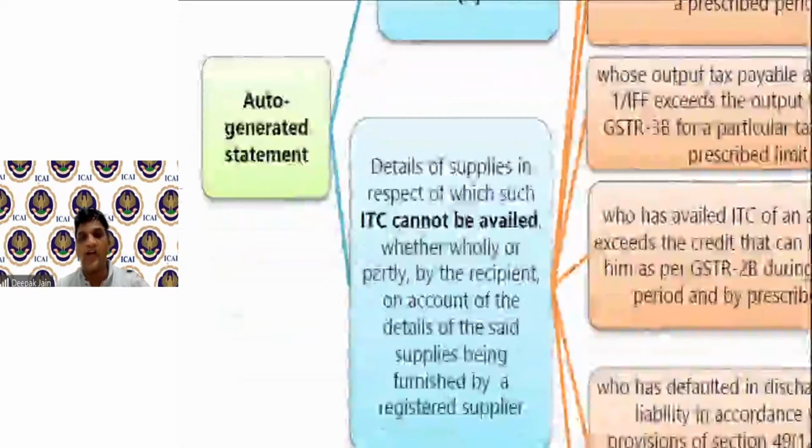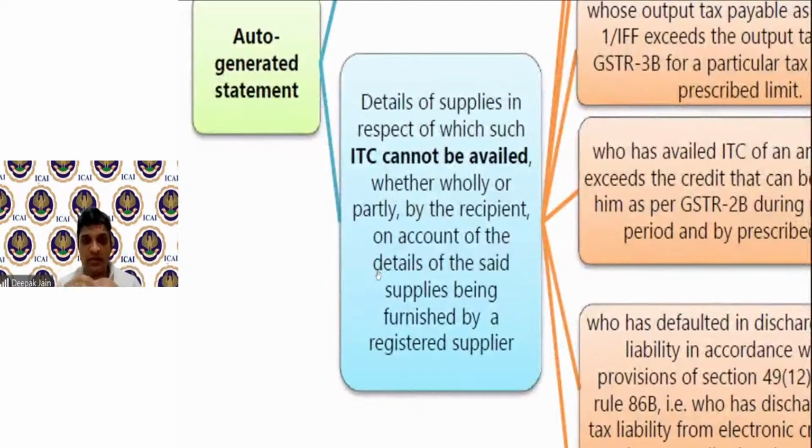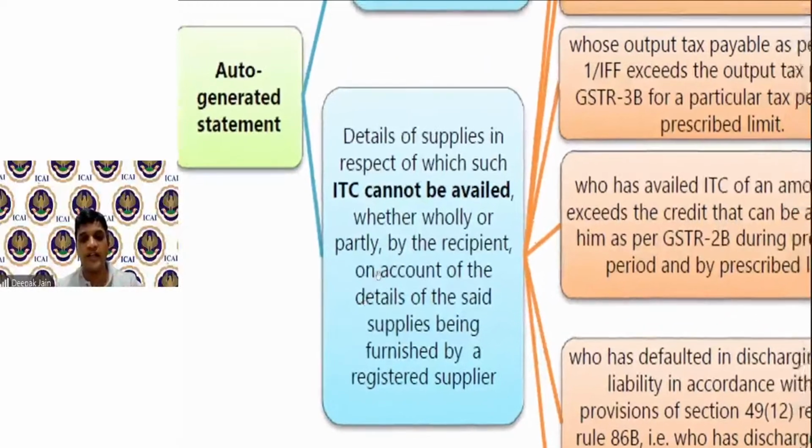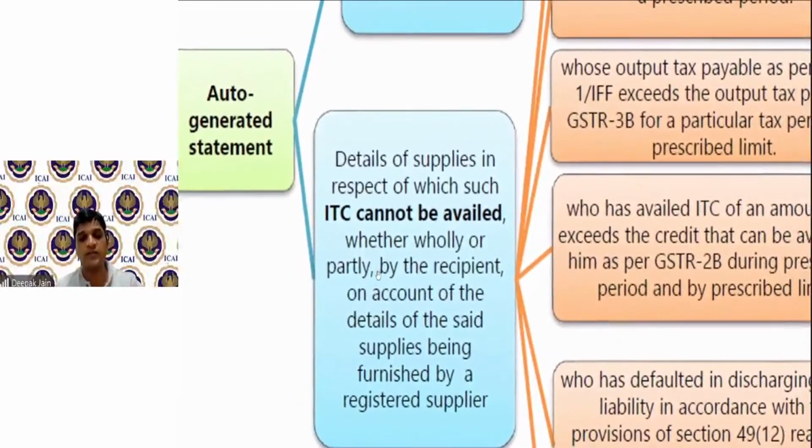And it will also give the details of supplies in respect of which such ITC cannot be availed. Okay, so they will give you a statement wherein ITC is uploaded by your supplier and ITC is available, and they will also give you a statement in which ITC cannot be availed wholly or partially by the recipient on account of the details of the said supplies being furnished by the registered person.